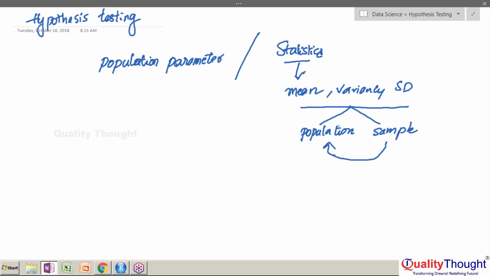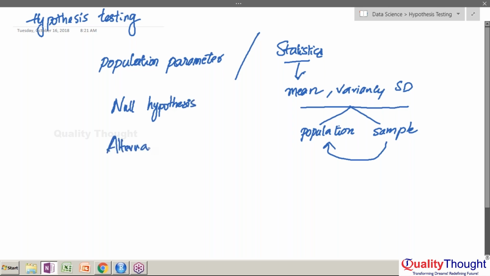Testing the truth between two competing hypotheses, that is called a null hypothesis and an alternate hypothesis. Understand?